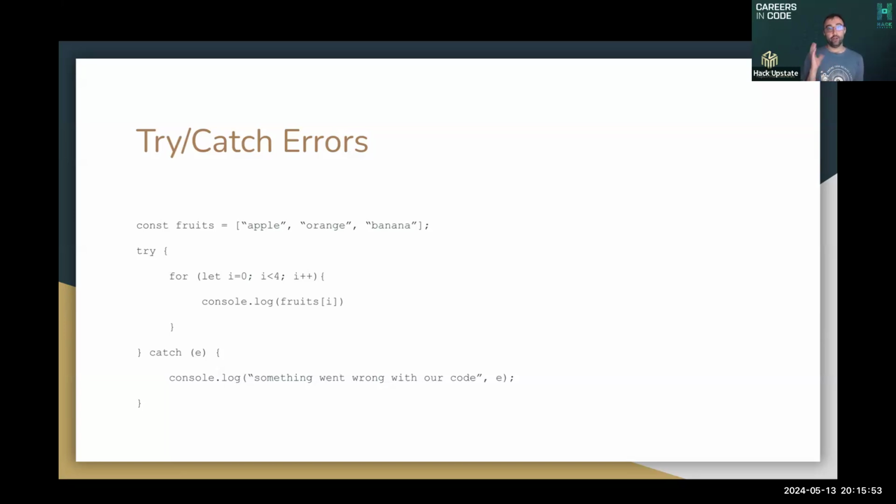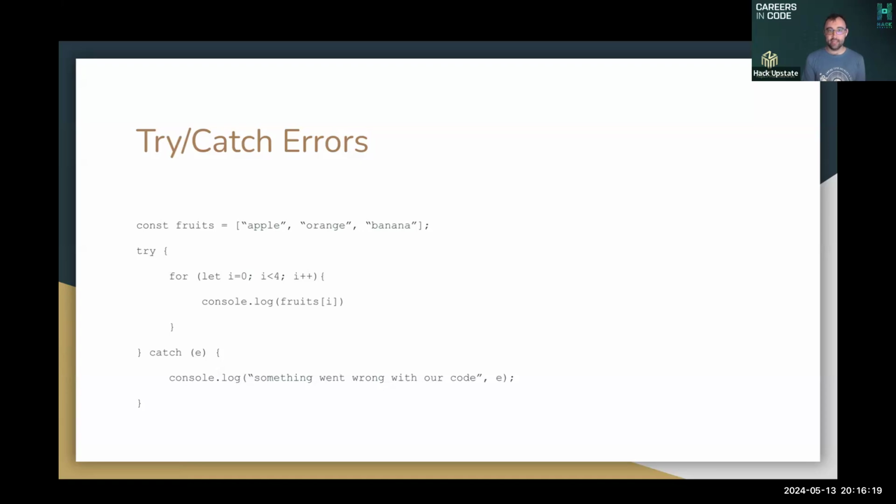And we call it throwing an error because we're going to try some code. And if whatever is between these curly braces is going to throw an error, we are going to catch that error and call it e. Then we can console log, hey, something went wrong with our code. So this is really helpful whenever we're working with user inputted information.